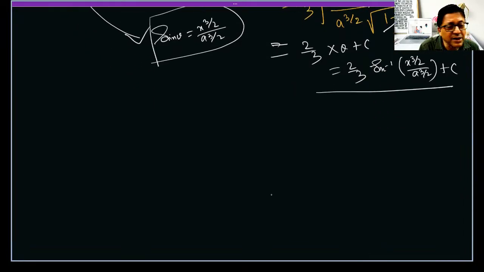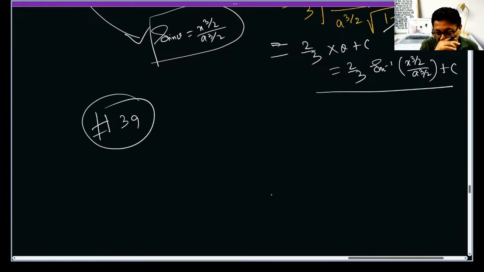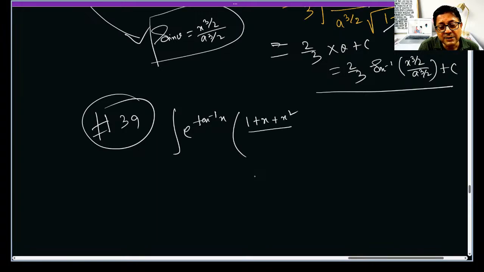Let us take another brilliant sum in the book I have. It is sum number 39. That is the integral of e to the power tan inverse x, 1 plus x square by 1 plus x square dx.